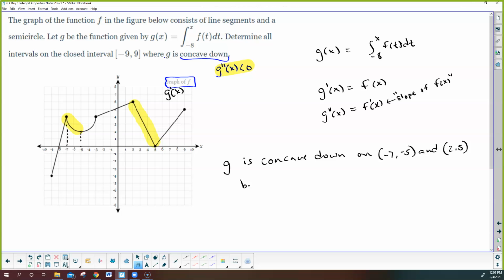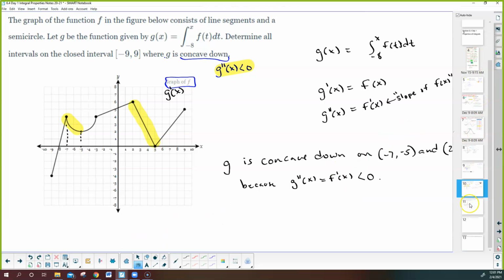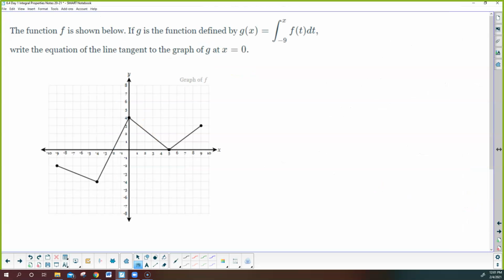And then my reason is because g double prime, which you should always relate to the graph of f, so g double prime, which is equal to f prime of x, is negative. Okay? Because we know concave down, the second derivative is negative, and that's what we're referring to here. Okay? So hopefully this is going to build your understanding of what we did in the past.